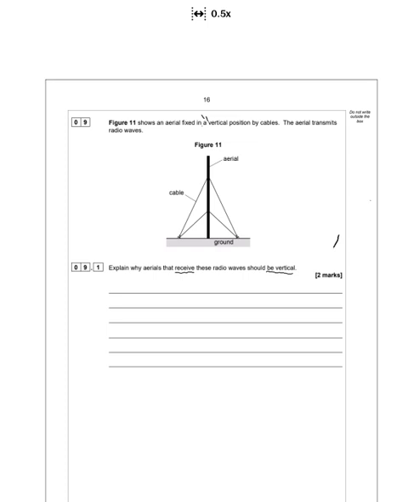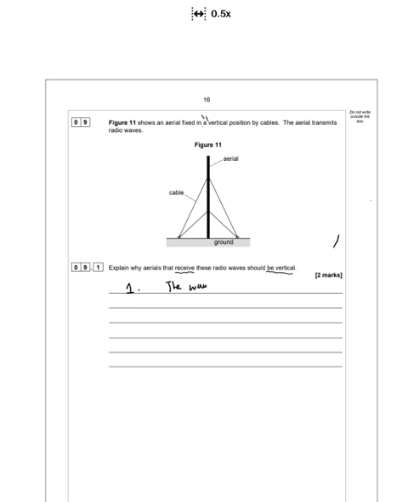The reason why the receiving aerial has to be vertical is because the wave traveling between the transmitting antenna and the antenna that receives it is vertically polarized. That's one point.